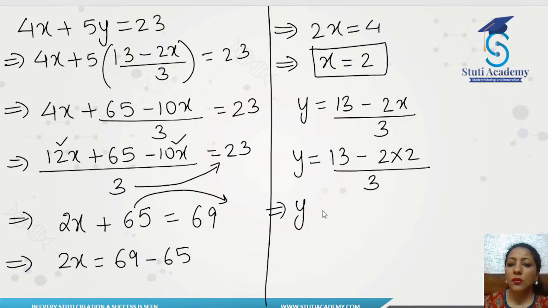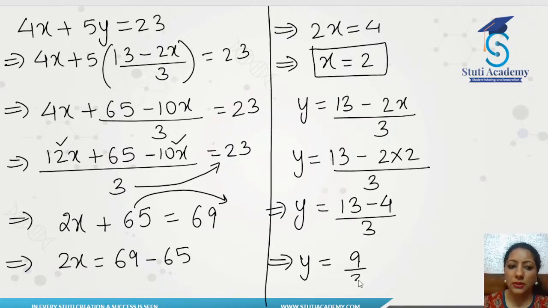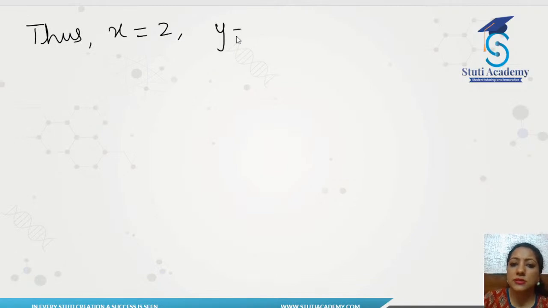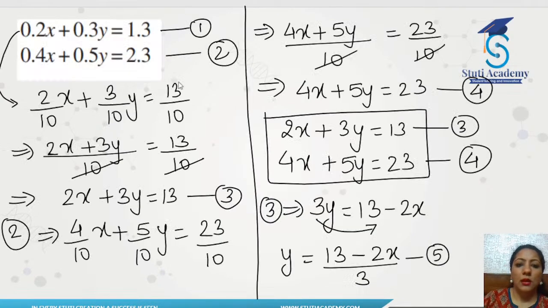That is 13 minus 4 upon 3. So we have y is equal to 9 upon 3. Finally, we are going to get y as 3. Thus, we've got both the values. We have got x is equal to 2 and y is equal to 3.